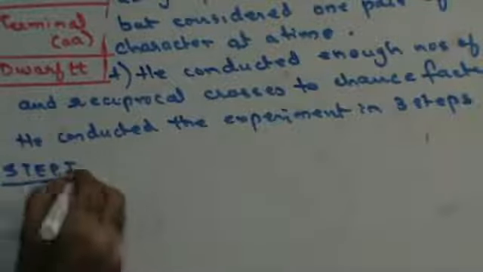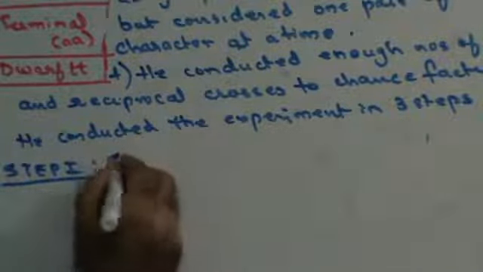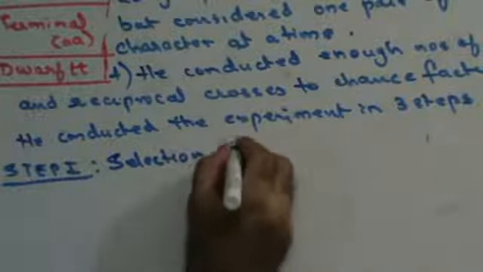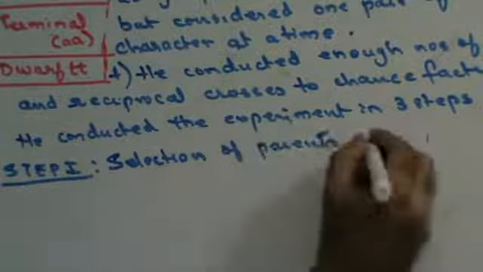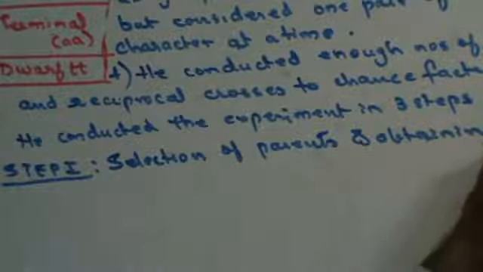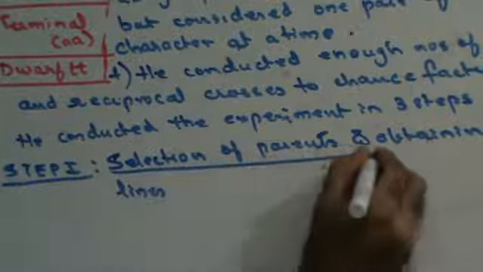Step 1 was the selection of parents and obtaining pure lines. What did I tell you? That he made sure that he had pure breds for at least 3 generations. That was his first step.